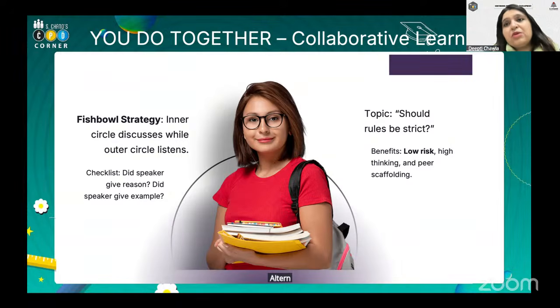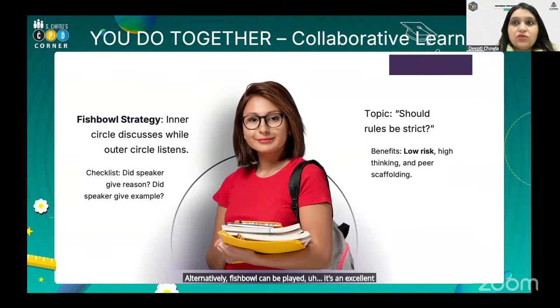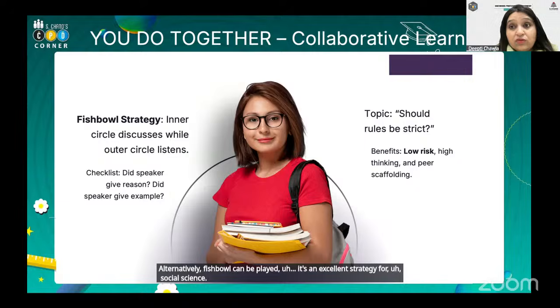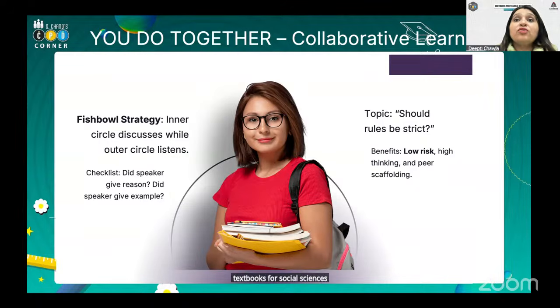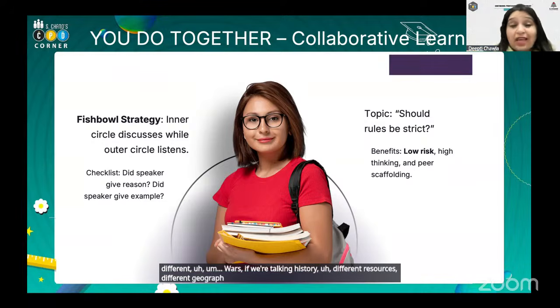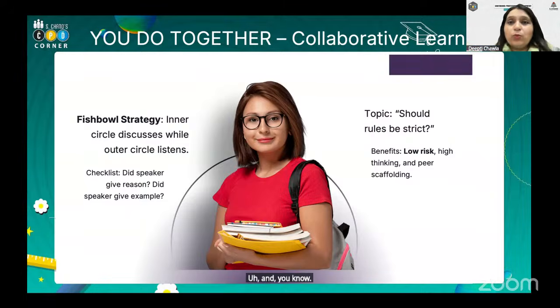Alternatively, fishbowl can be played. It's an excellent strategy for social science textbooks, because you can ask them to talk about different wars, if we are talking history, different resources, different geographical locations, climates, and so on.